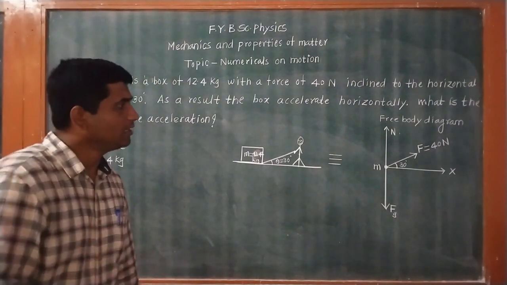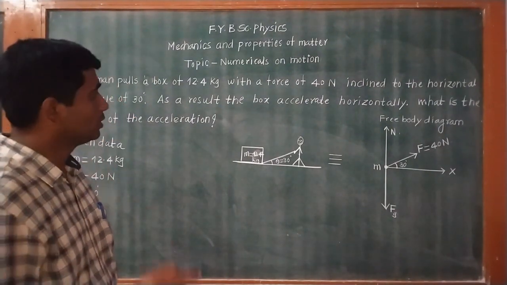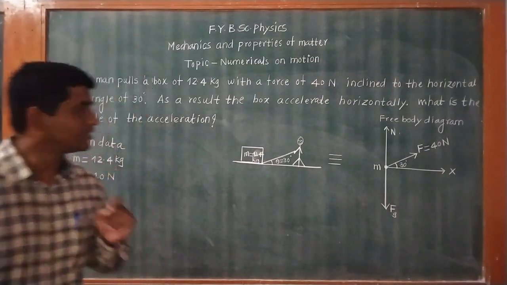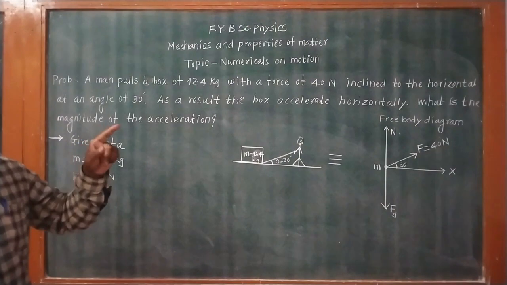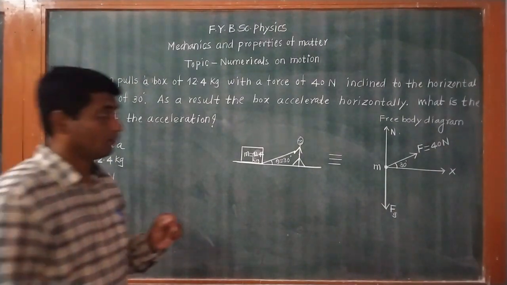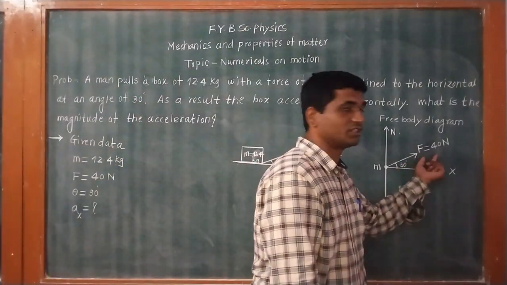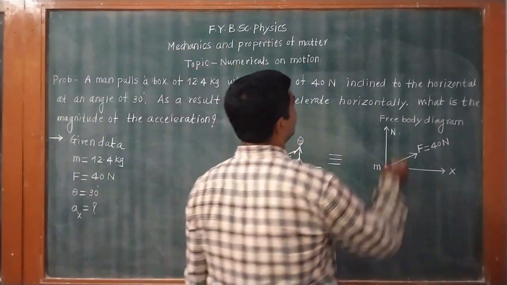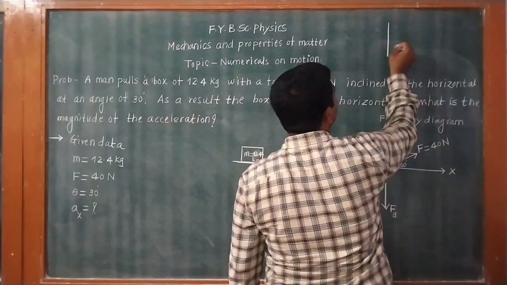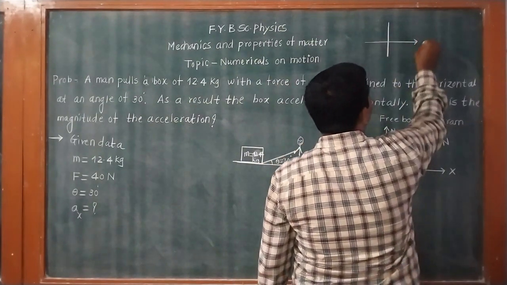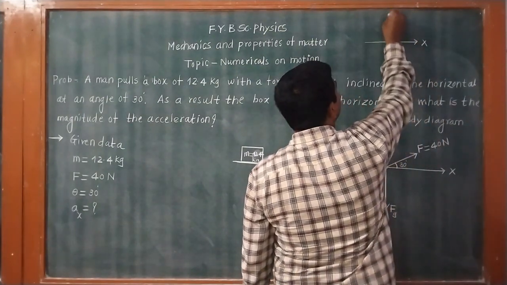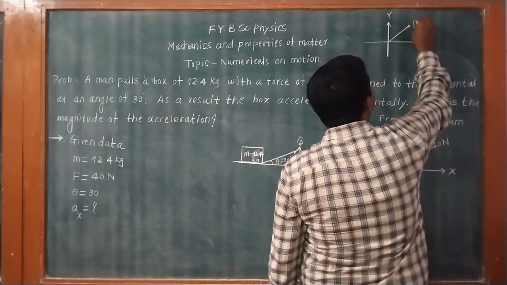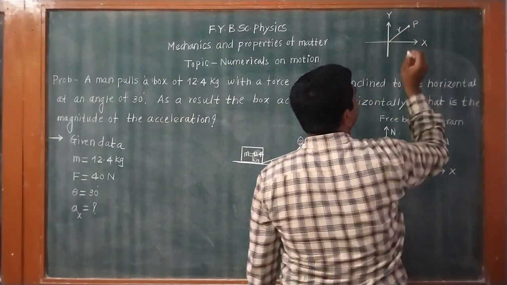Now we know that this force is a vector quantity. In order to find the result, we have to assume that any vector can be resolved into two components. For example, let us call this the x-axis, this the y-axis, this some point P, and this a vector r.